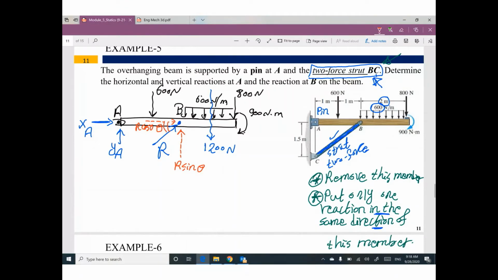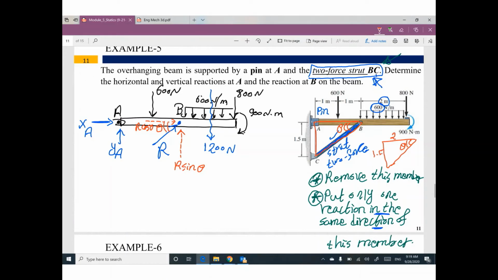This angle theta that you assumed is in this right angle triangle. That's right. We have here a right angle triangle, this one. So this length is 2, this length is 1.5.